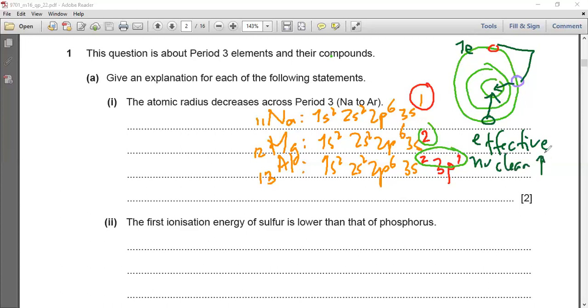If the effective nuclear charge increases, the size of the atom will decrease.